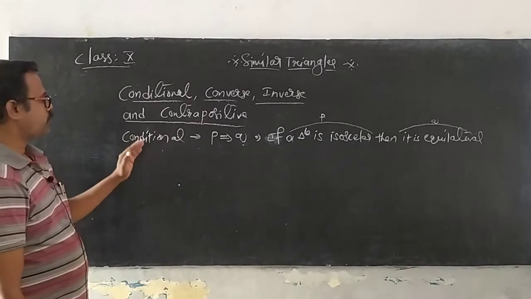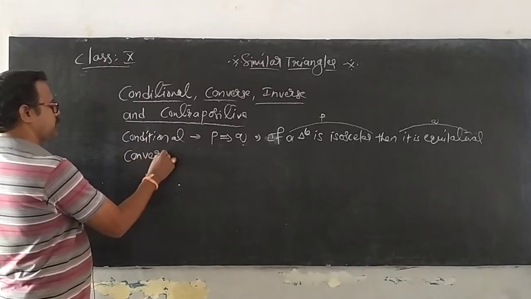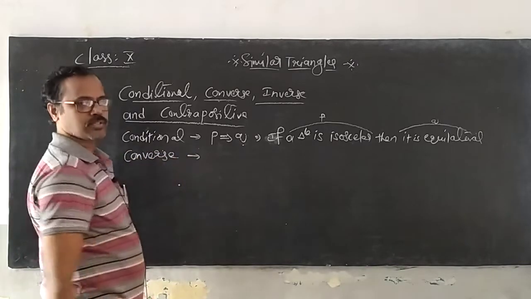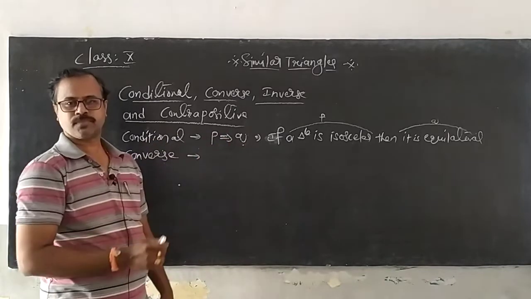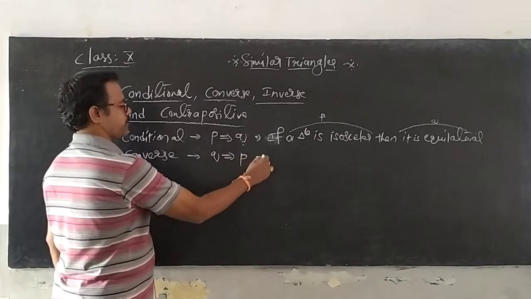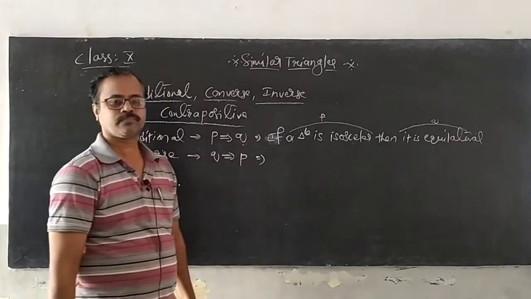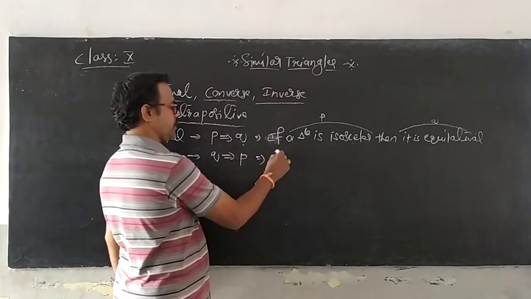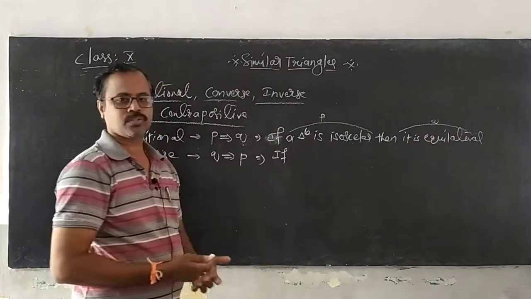Now I want to write the converse. So converse is the statement which is formed by changing P and Q. That means Q implies P. Can you tell me how to write this converse? If it is equilateral, then who is that?